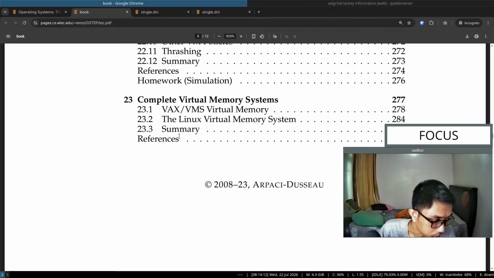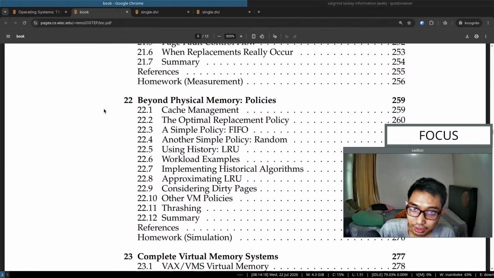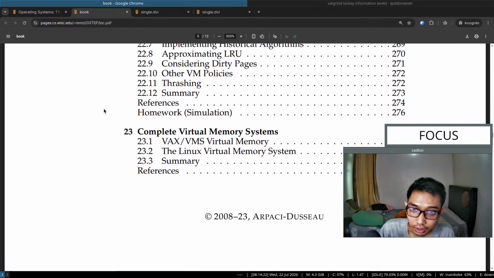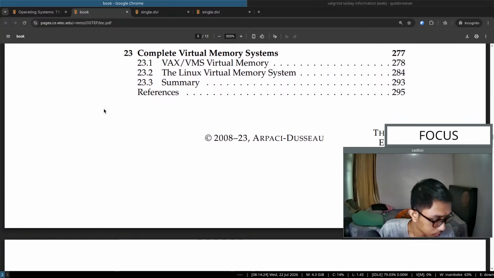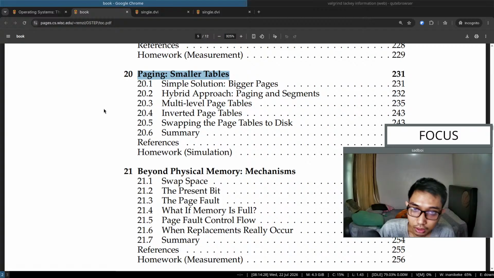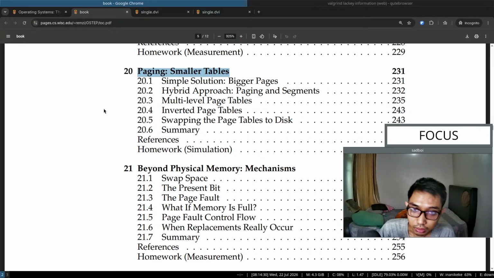I'm not sure what happens under the hood. Again, this book is still about the basic concepts. We haven't even talked about specific architectures like 32-bit or 64-bit.